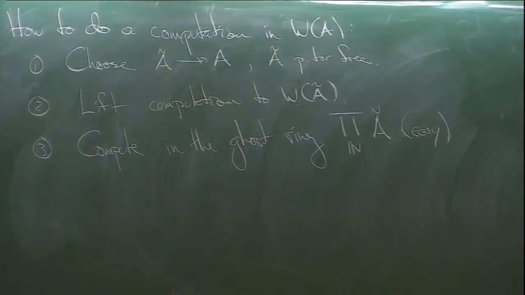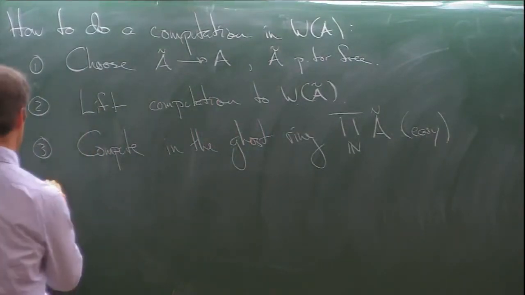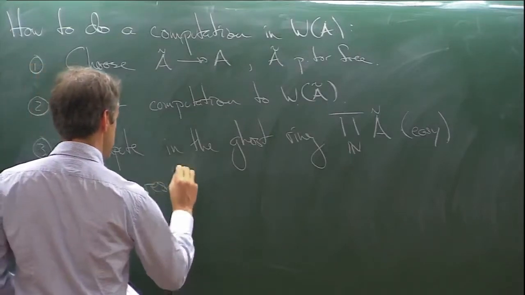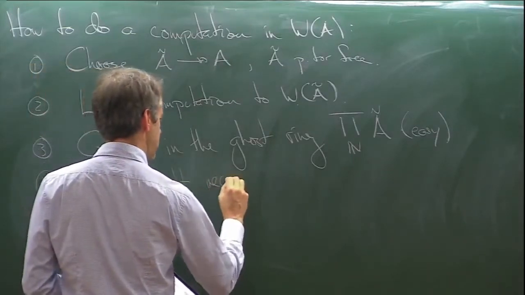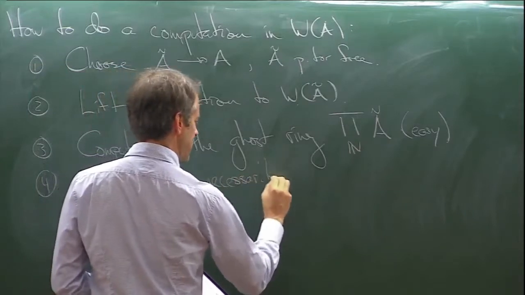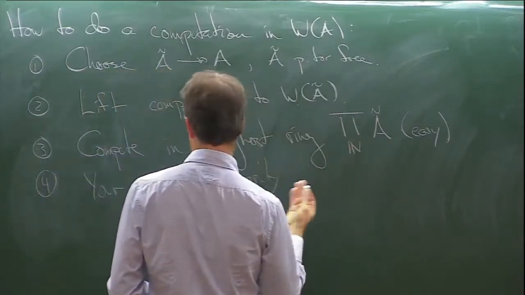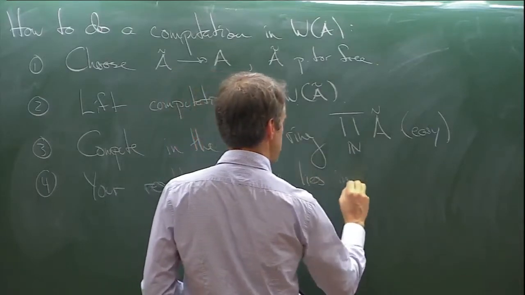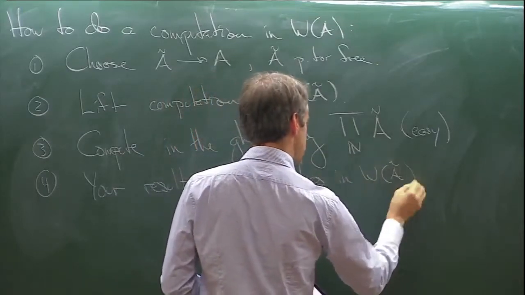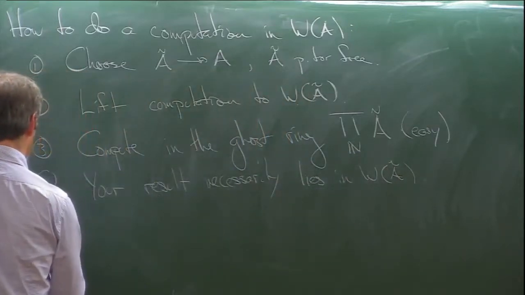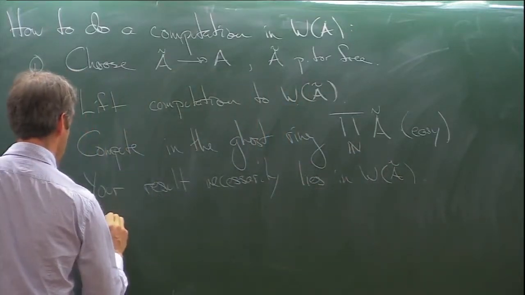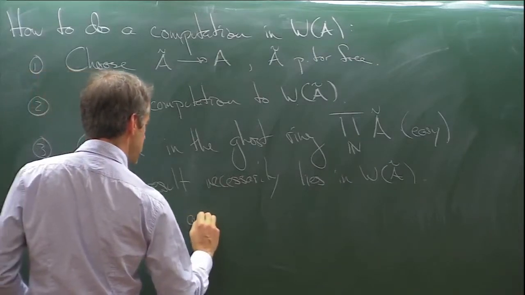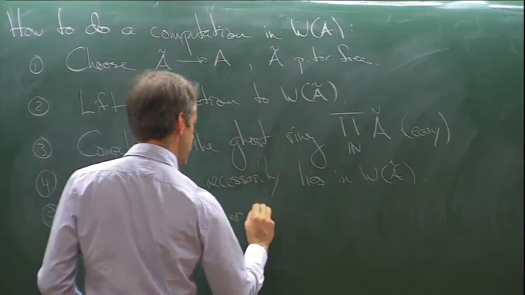You just do the computation in the product ring, and your result necessarily lies in the Witt vector ring, because it's a subring closed under addition and multiplication. It lies in W of A tilde. And now, if you like, you can rewrite the answer in your favorite coordinate.